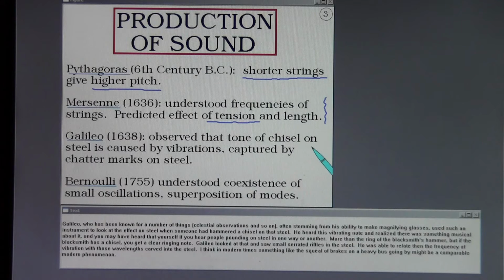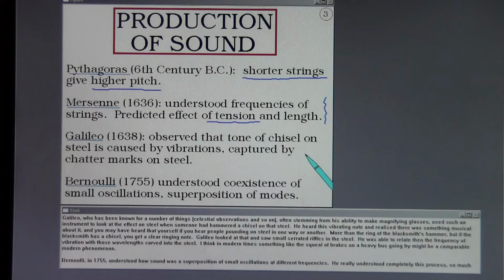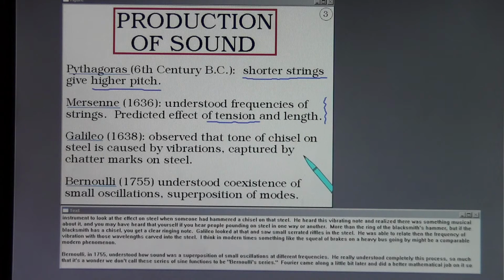But if the blacksmith has a chisel, you get a kind of a clear ringing note. And Galileo looked at that and saw small serrated riffles in the steel, and he was able to relate then the frequency of vibration with those wavelengths carved into the steel. I think in modern times something like the squeal of brakes on a heavy bus going by might be a comparable modern phenomenon.